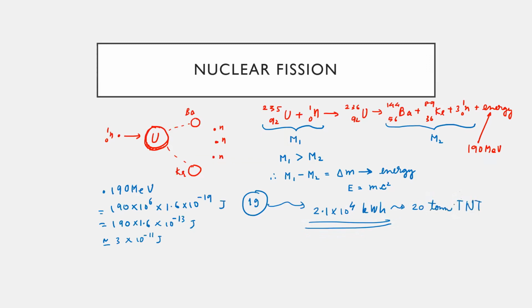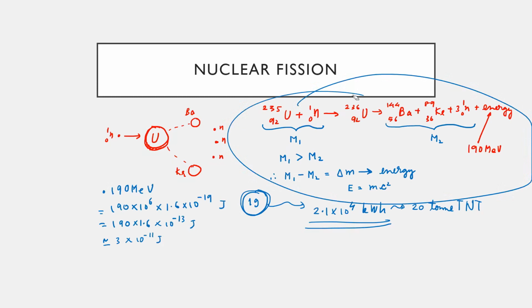TNT is an explosive. The explosion that 20 tons of TNT would cause, that much energy can be given by just 1 gram of uranium. So that's pretty massive. You don't need to know all this information, you just need to know what I told you over here, right?